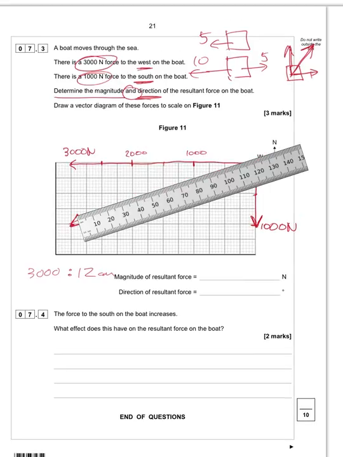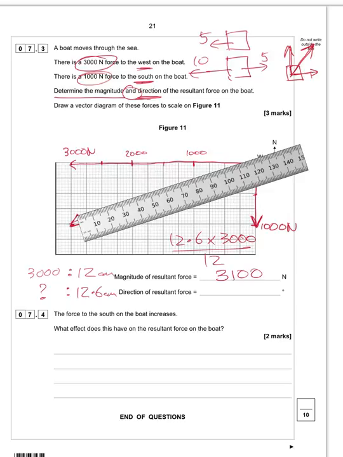So I'm trying to work out what the resultant force is, but I know that line is about 12.6 centimetres. When you do this on paper, it would be easier to work it out, but what I'm going to do is 12.6 times 3000 divided by 12, which would give me an answer of 3,100 newtons to two significant figures.